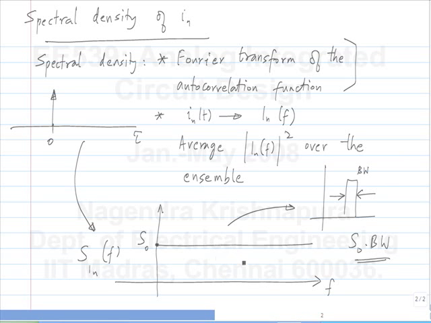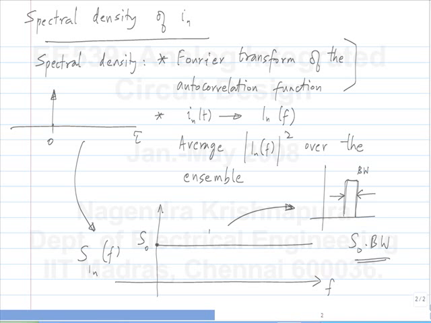To figure out how much this noise is in terms of the mean square value, we need to figure out what bandwidth we are interested in. So, if we pass this through a filter of bandwidth BW, the output mean square value will be S0 times BW. This is assumed to be an ideal brick wall filter. Essentially, S0 is called the power spectral density.